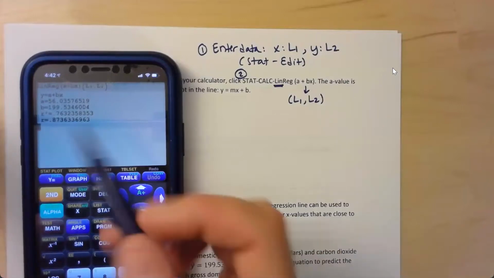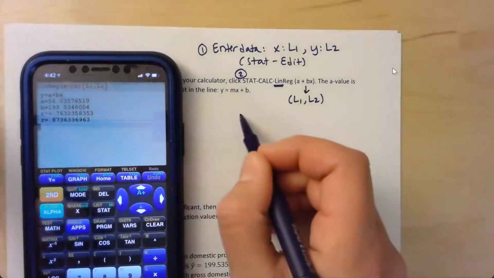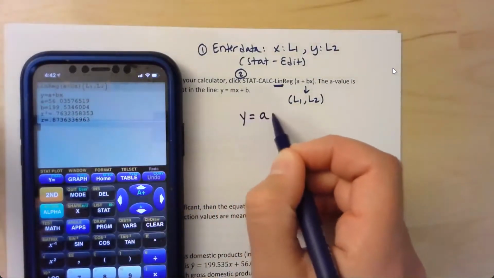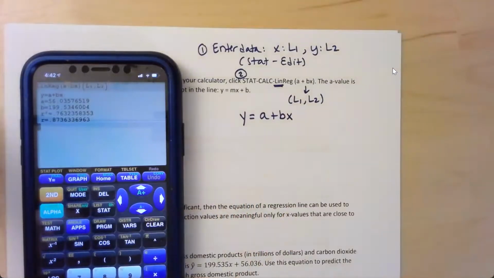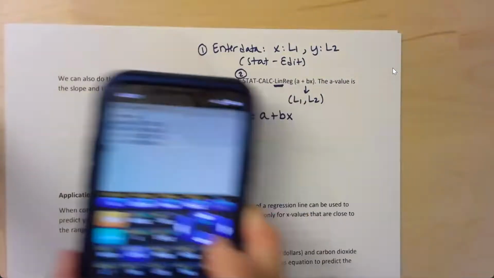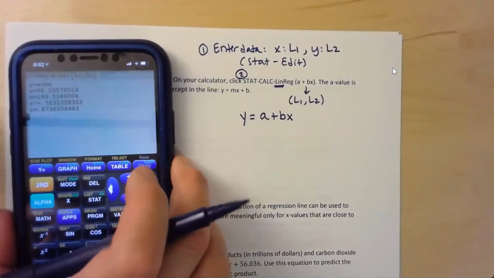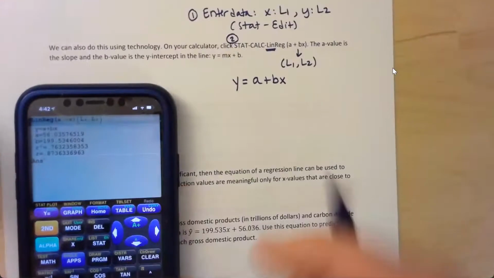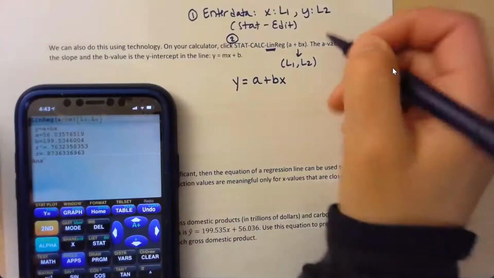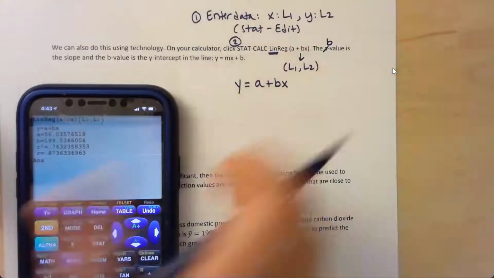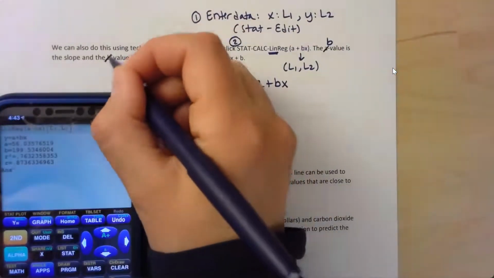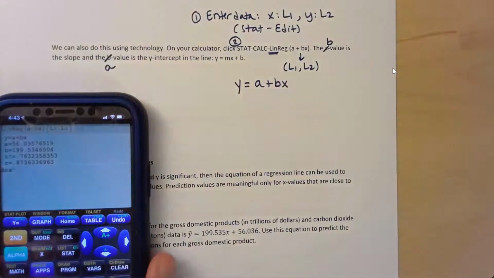Now, what they're doing here, if you look at the calculator, they have it set up like a plus bx instead. So actually, I apologize, I wrote this backwards. The b value is the slope here. Sorry about that. And the a value is the y-intercept.